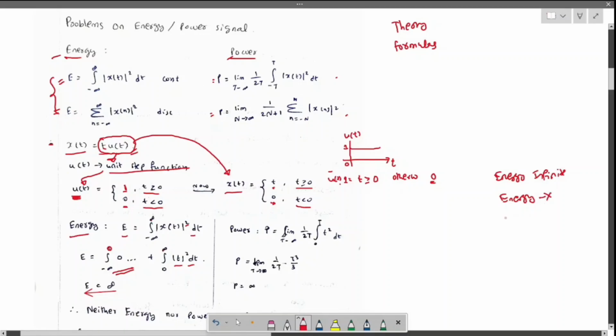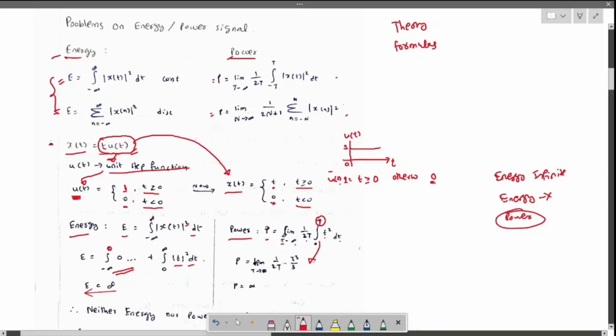We are left with checking whether it is a power signal. Let us check. Applying the power formula, P is the limit as T tends to infinity of 1 by 2T times the integral from 0 to T of t square dt. Here T means over one period.